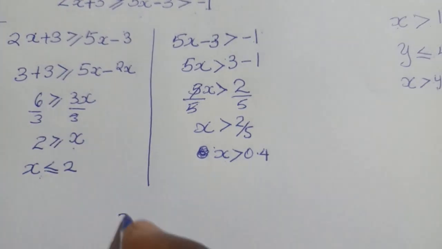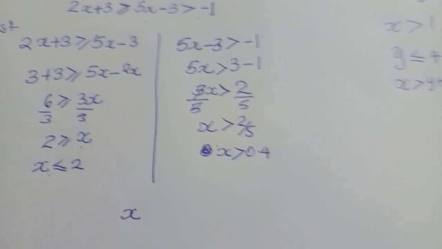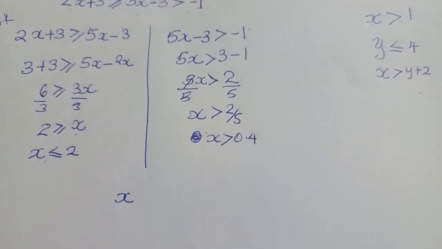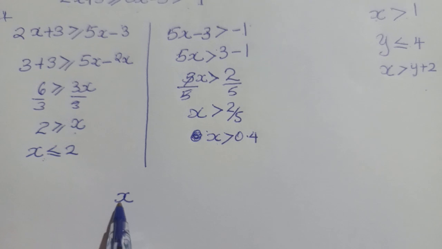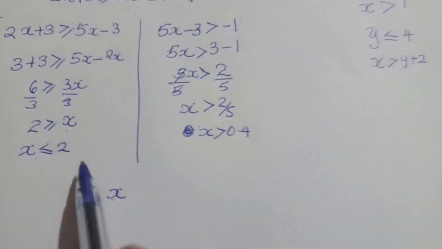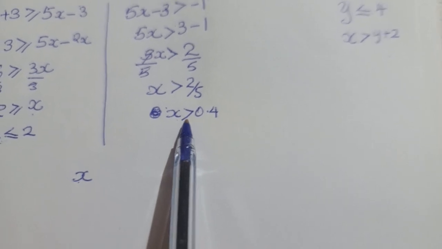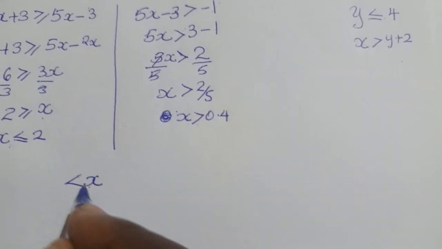It's always advisable to start from, you put, because we have x and x, so x at the center, it's common to both of them. Then we are saying that x is greater than 0.4, meaning that 0.4 is less than x.